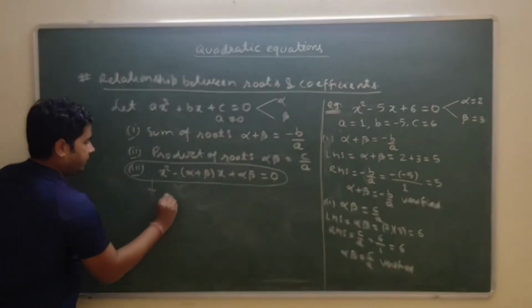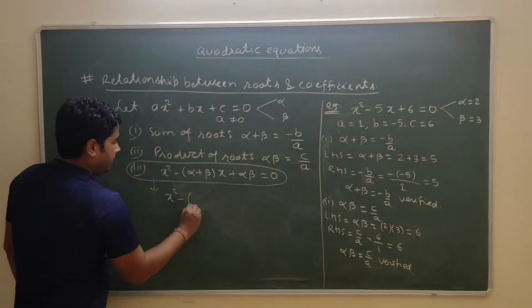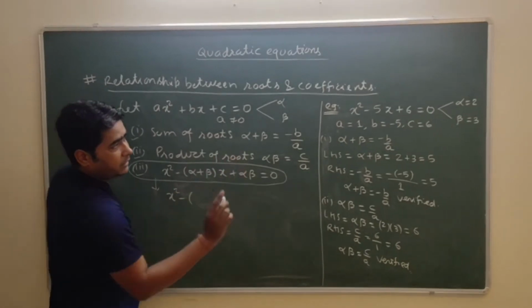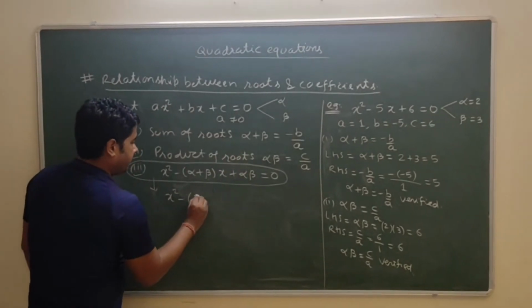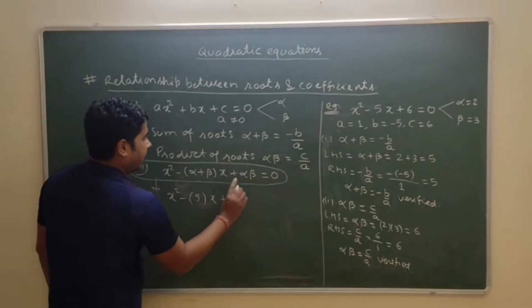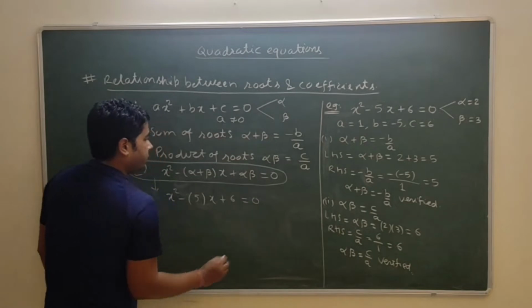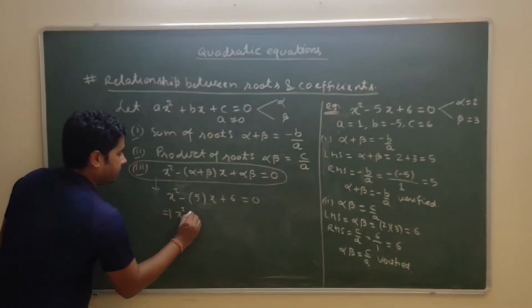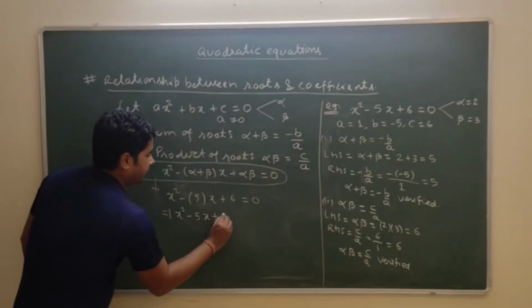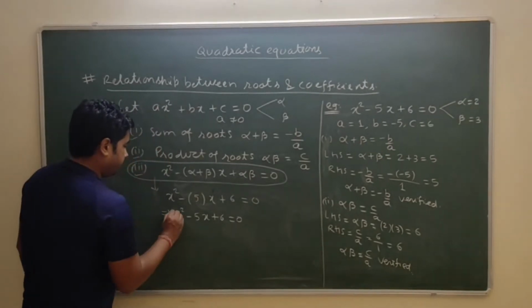This formula gives us x square minus (alpha plus beta) x plus alpha into beta. Alpha plus beta is 2 plus 3, which is 5. Alpha into beta is 3 into 2, which is 6. This must be equal to 0. Therefore, the equation must be x square minus 5x plus 6 is equal to 0.